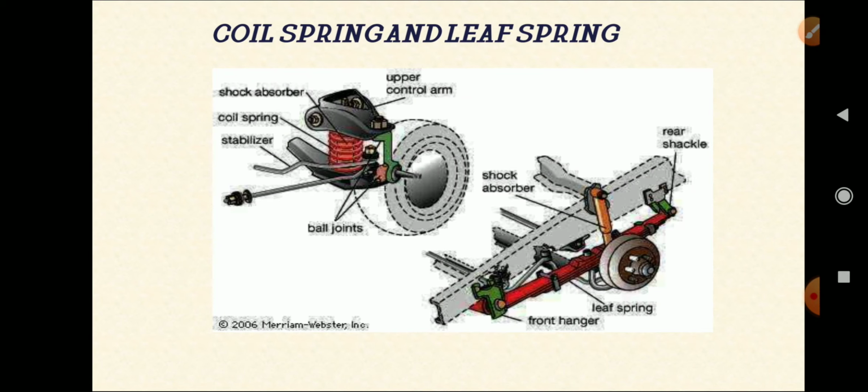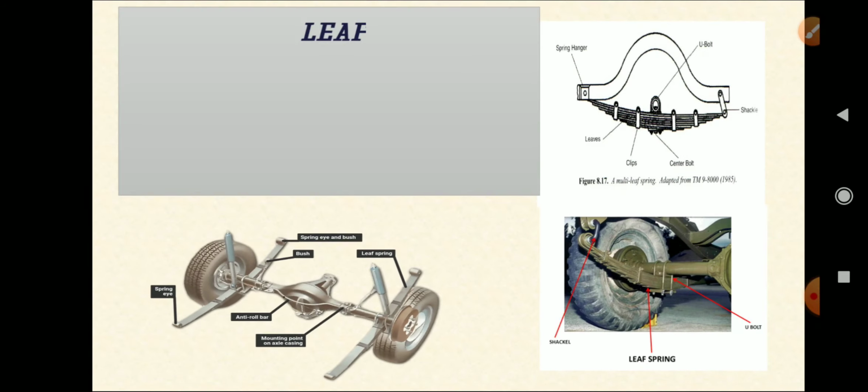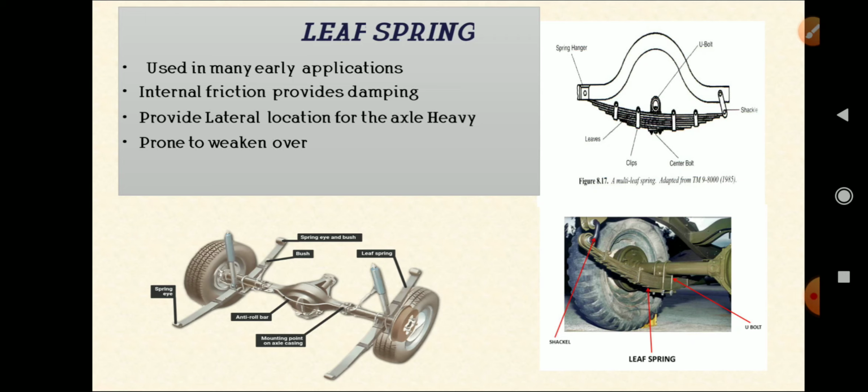Next is the most important part of the suspension system, the spring. Two types of spring can be used, depending on the function: the coil spring and the leaf spring. First, the leaf spring. It is used in many early applications. The internal friction provides damping, and it provides lateral location for the axle of heavy axles, which are prone to weakening over time.